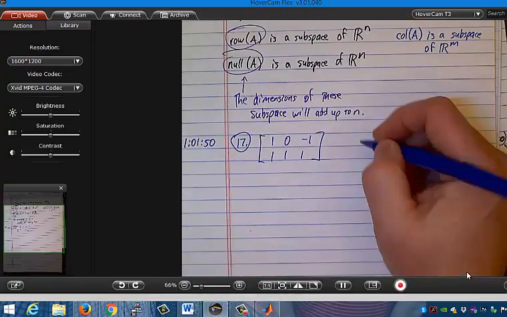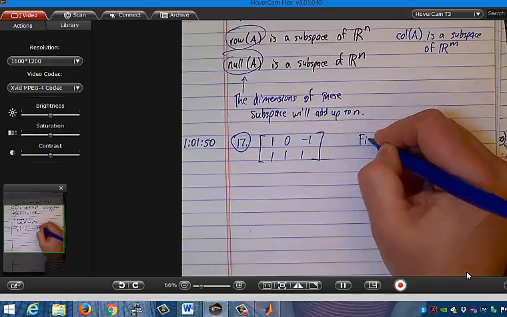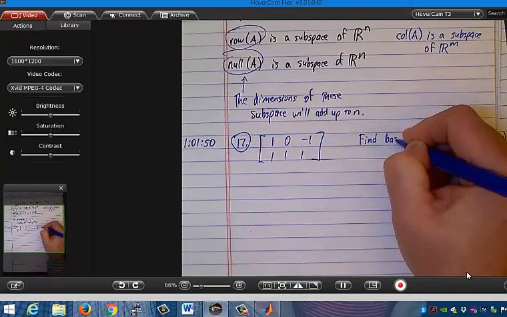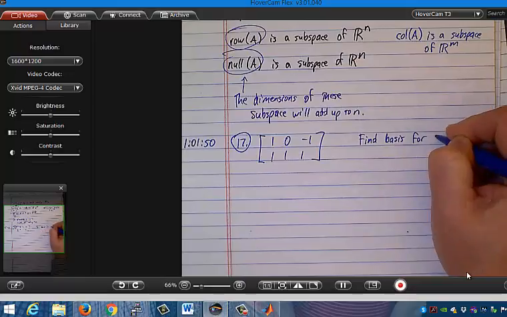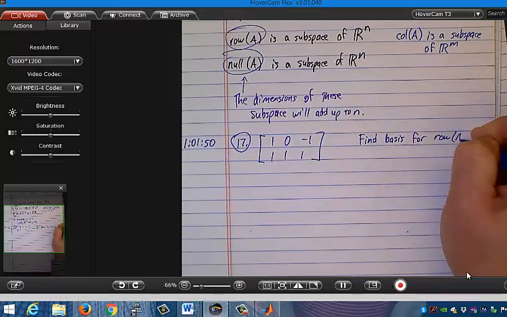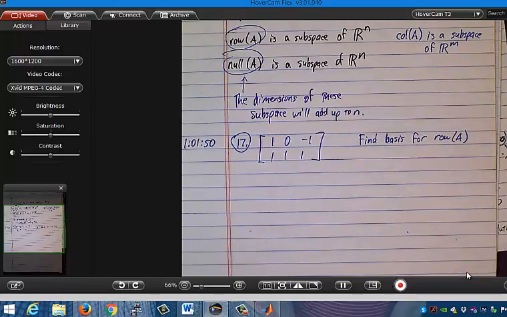So there were three things you had to do. First thing it said is find a basis for the row space of A. How do you do that?